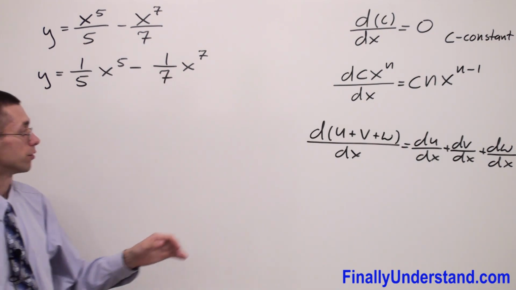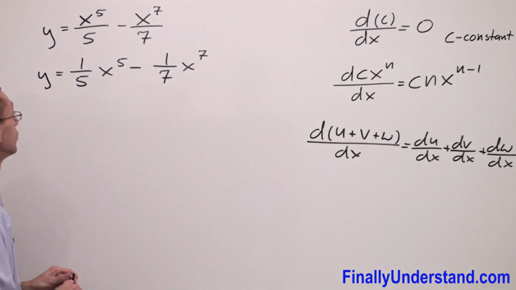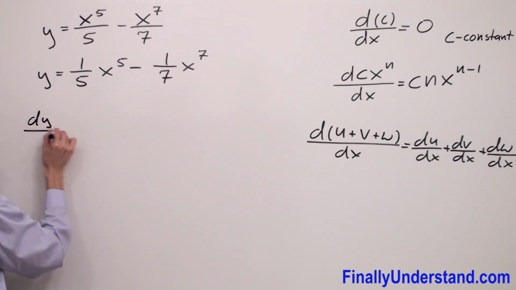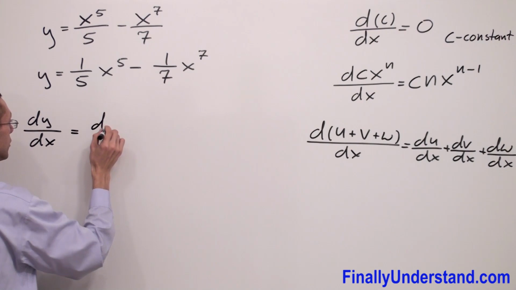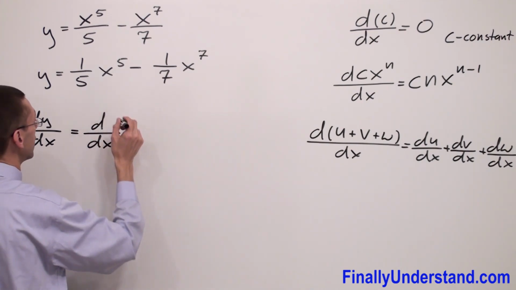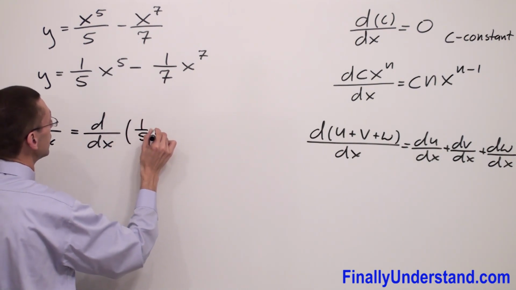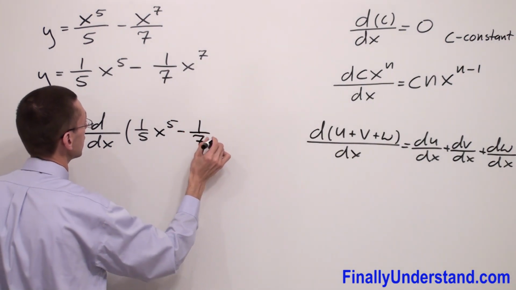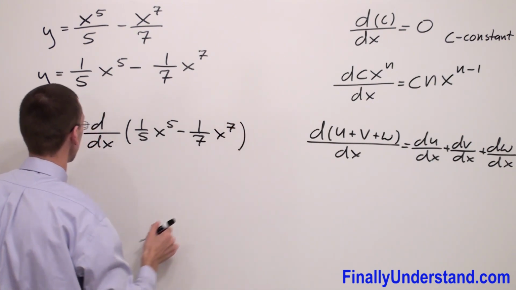Next, I'm going to use the formula for the derivative of a sum, even if you see the difference over here. So I have dy over dx is equal to the derivative of this function with respect to x. So I have 1/5 x to the 5th minus 1/7 x to the 7th, right?